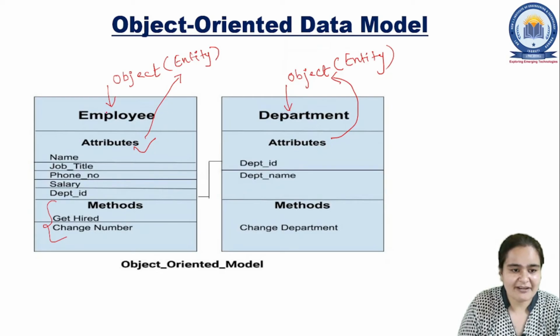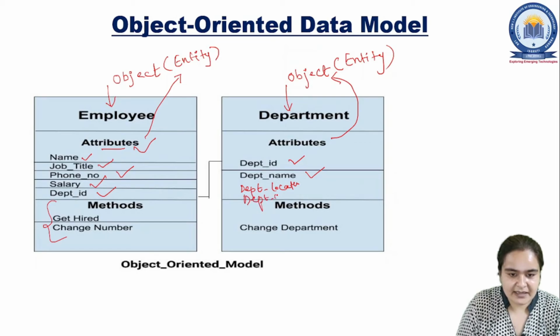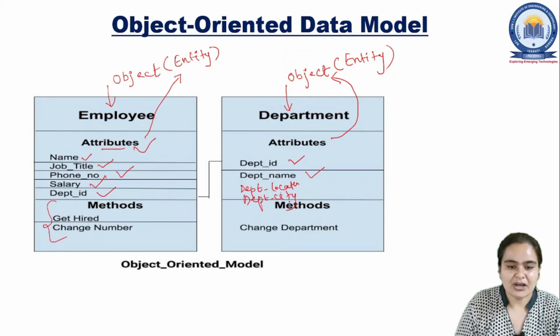Here the employee has attributes like name, job title, phone number, salary, department ID. We also have an entity called department, which comprises attributes like department ID, department name. We can have several other attributes like department location, department city, so that we can locate the department to which a particular employee is associated.